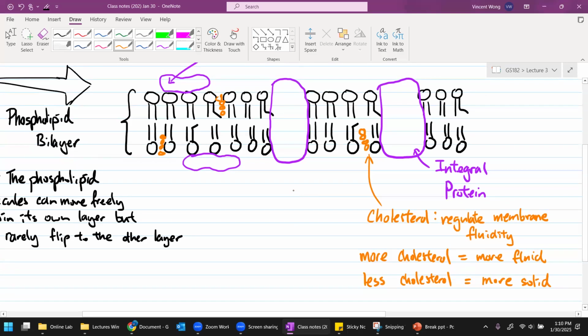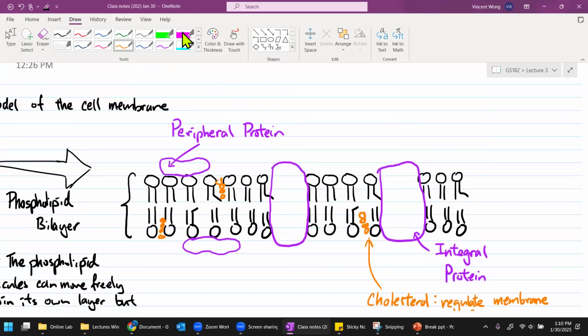All right, a couple other things we're going to add to this picture. Over here, some proteins, it turns out, have sugar chains attached to them. So this is carbohydrate. And sometimes lipids also have carbohydrates attached onto them.